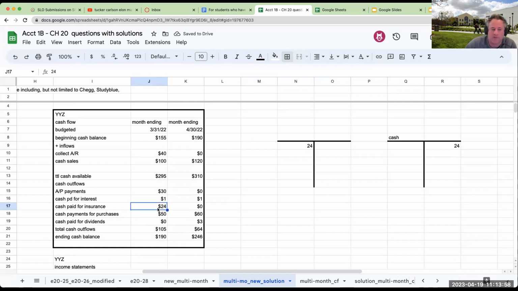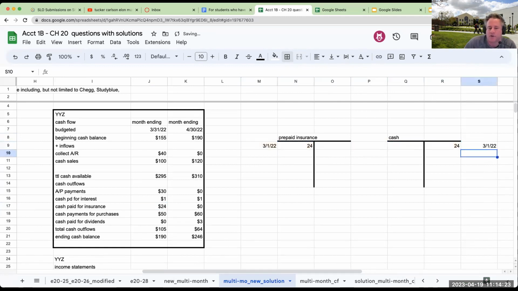Right, this 24,000 of the cash paid for insurance. Would I have debited insurance expense? The answer is no, because I haven't used the policy yet. So this is going to be prepaid insurance. So right over here, this is going to be March 1st, 2022.